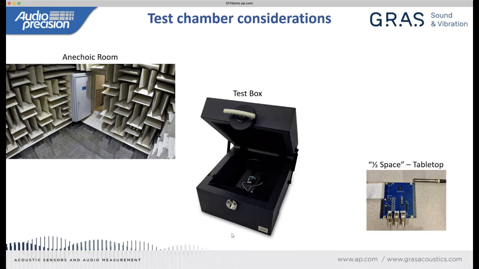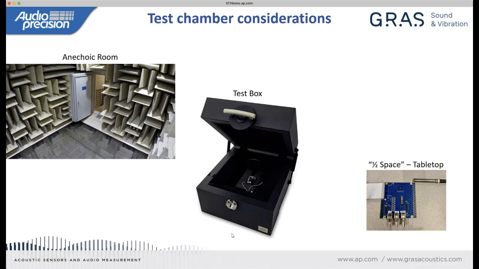Now, what I'm actually going to do today for our demonstration is I have the microphone array, which is pictured there. It's a little dev board with actually just 16 microphones in a line. I actually have that on a tabletop surface. If you'll pardon my abuse of the term, I'd call that a half space.